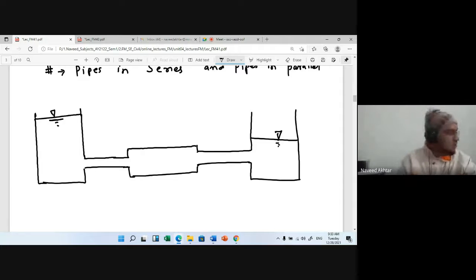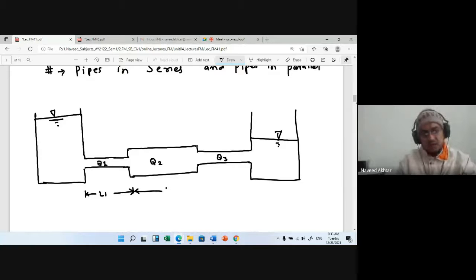The discharge from pipe one is Q1, from pipe two is Q2, and from pipe three is Q3, with lengths L1, L2 and L3. This is reservoir R1 and this is reservoir R2.